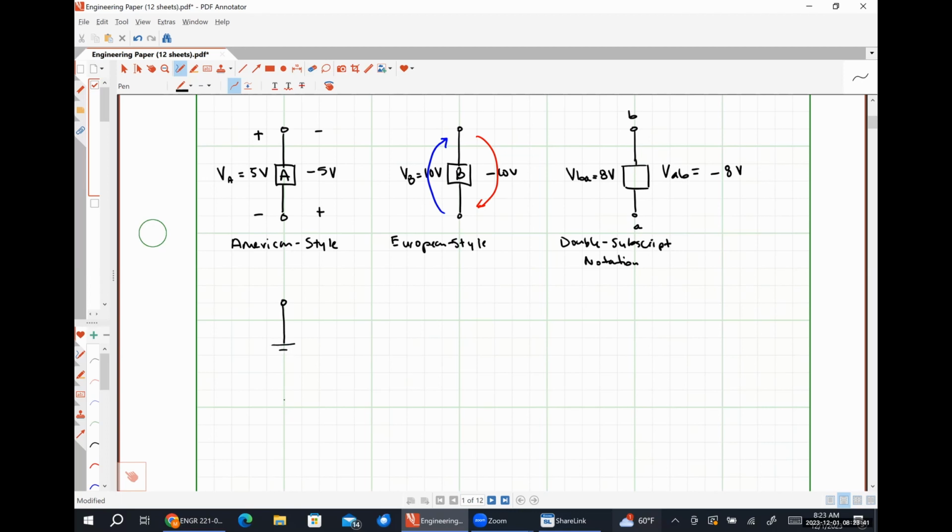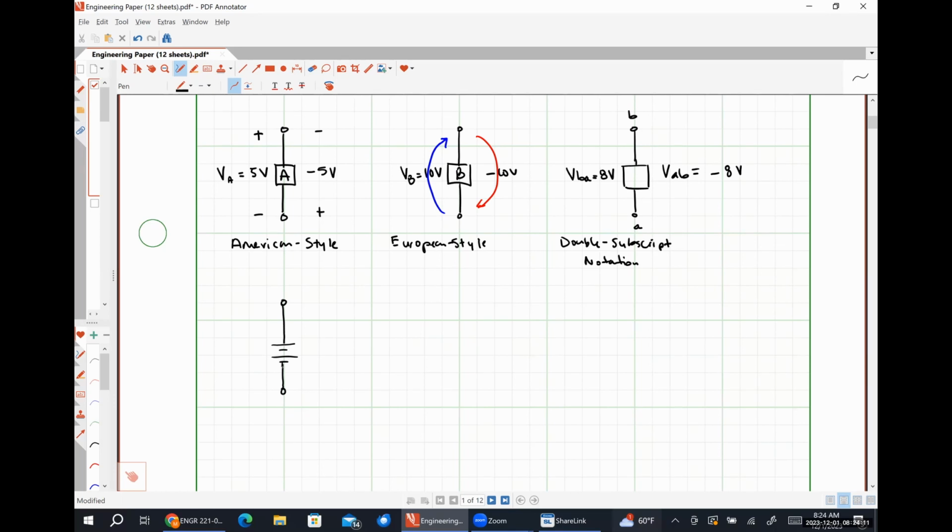I'm intentionally leaving a gap here because this is something that you've probably seen. You may have also seen this representation for a battery, and there is a technical difference between the two. This form is for a multi-cell battery, whereas if you only have the single long horizontal line and the single short horizontal line, that is for a single cell battery.